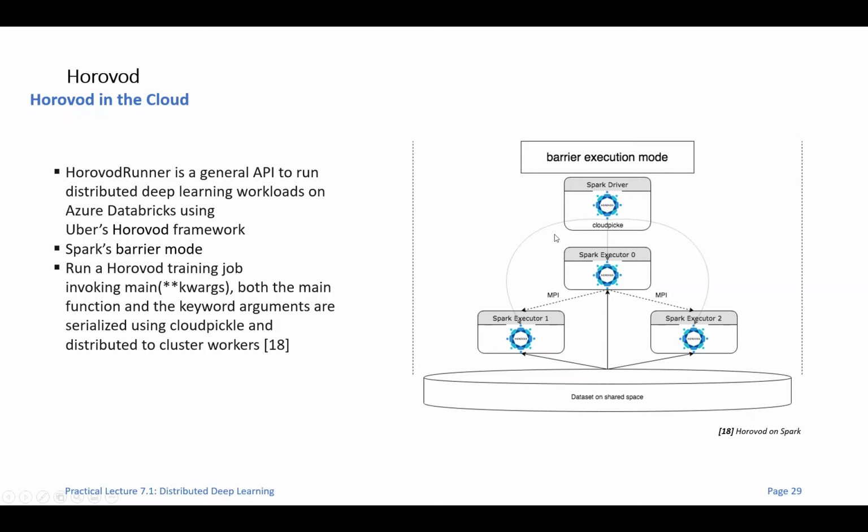So this is how Horovod works on the cloud, in a simple way. You instantiate this Spark driver that takes care of pickling, so serializing the functions that you have, and you send them from this driver to all the workers, which are called executors in the Spark nomenclature.